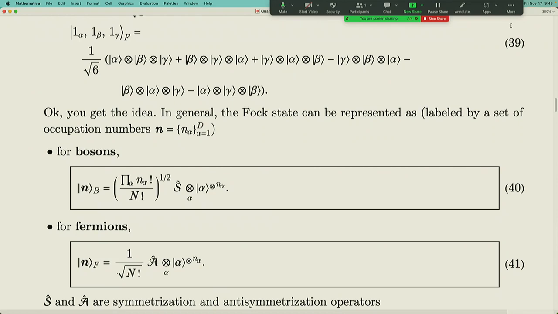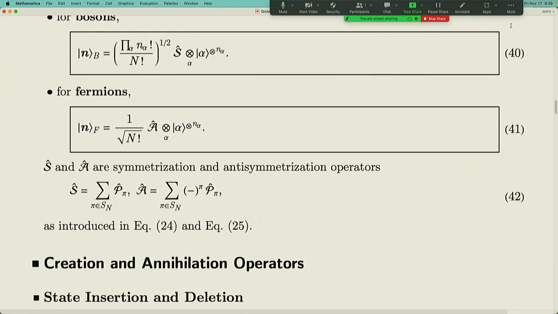And then for fermionic state, you also write down the first term, and then use the anti-symmetrization operation, followed by a normalization. Well, the symmetrization basically means that you apply the permutation operator to the state, meaning that you pick a permutation in the permutation group, and then apply that permutation to the state labels such that it becomes a different state, and then you're summing over all the possible permutations.